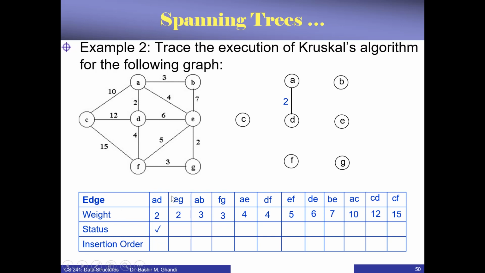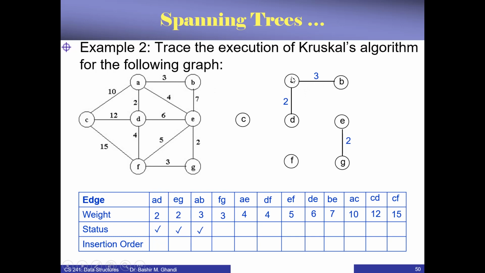Okay, the next edge is EG, with a cost of 2. Again, clearly we will accept this edge because it doesn't create any cycle. Next edge is AB with a cost of 3.